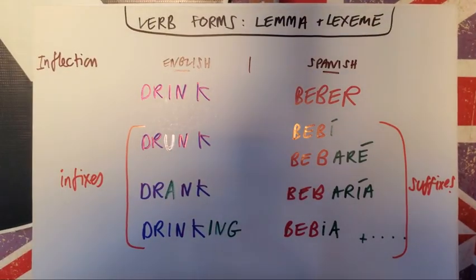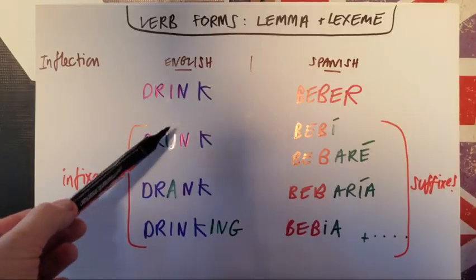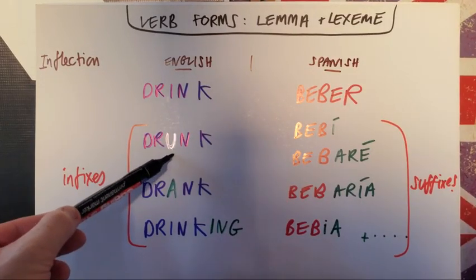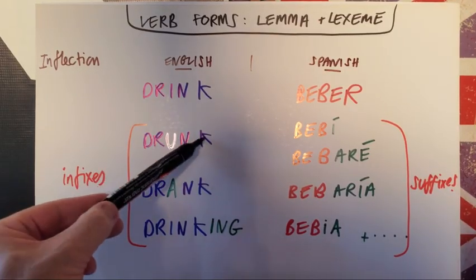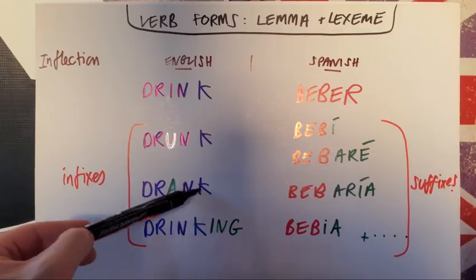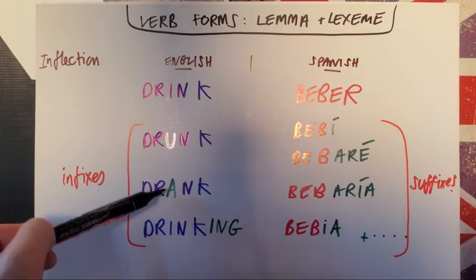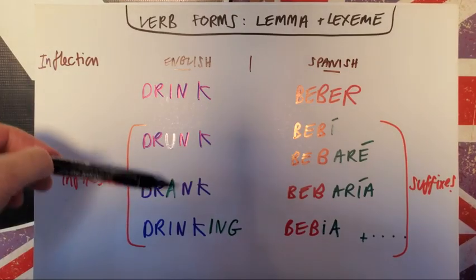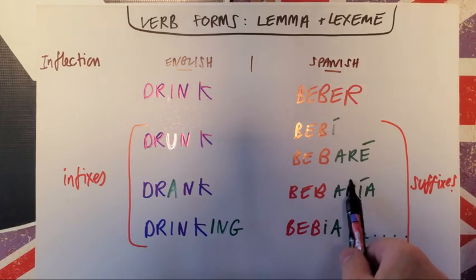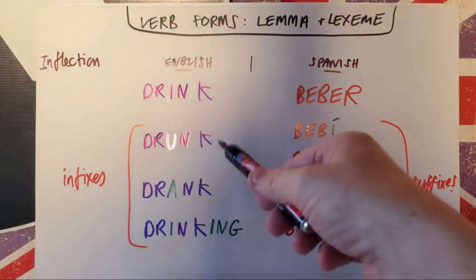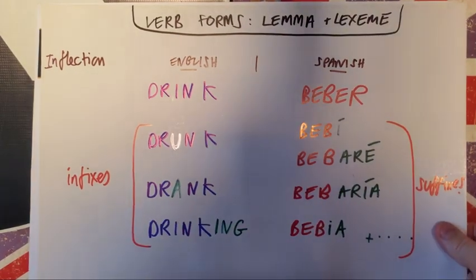Lastly, remember that in English, sometimes the changes are internal. So drink, drunk, the end bit stays the same. Drank, the middle bit. In Spanish, you never get this. Internal changes, the changes are always on the end. I've just included this out of interest.